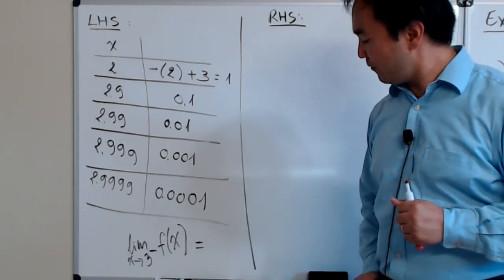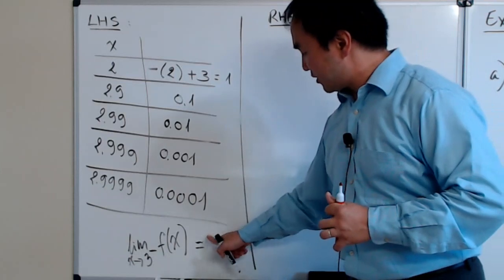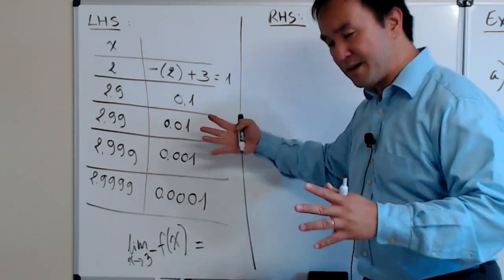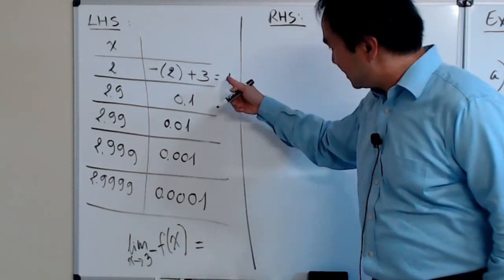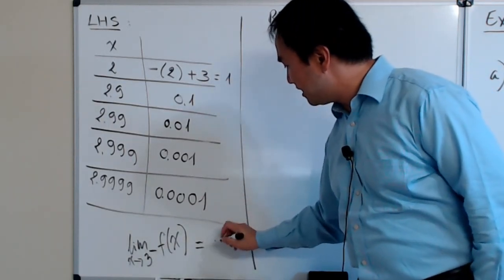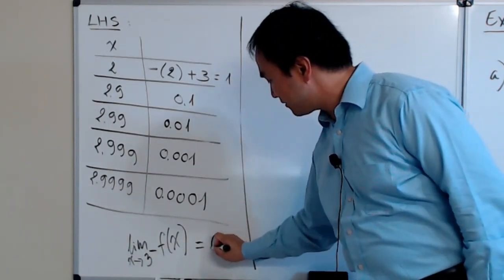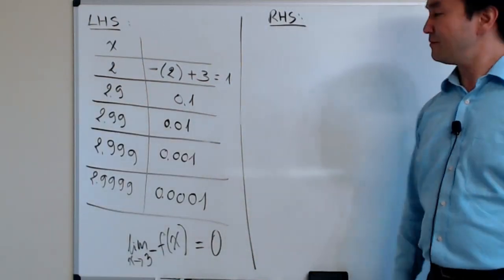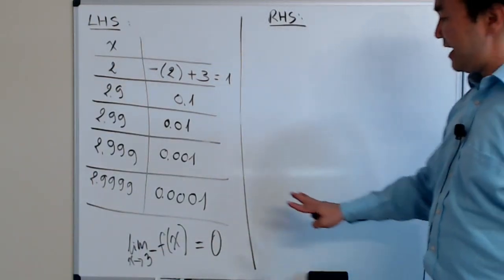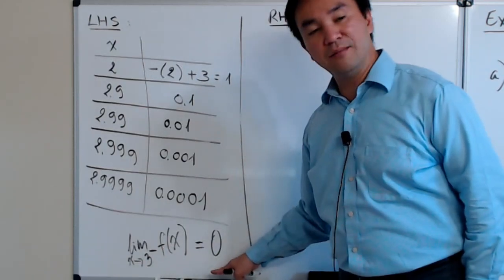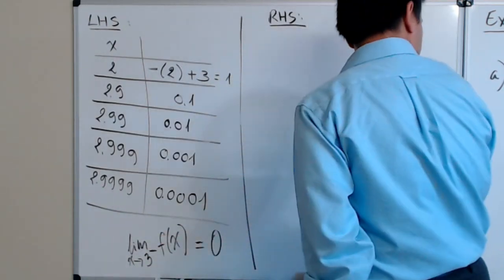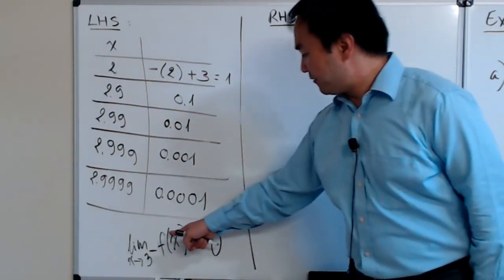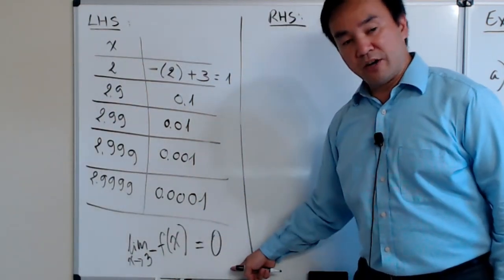Okay, so hopefully you had your own prediction. I predict, and hopefully agree that my prediction agrees with yours as well, that these values come to a limit being, what do you think? 0. Okay, so that's the left-hand side limit. As we let x come close to 3 from the left-hand side, our function came to limit 0.